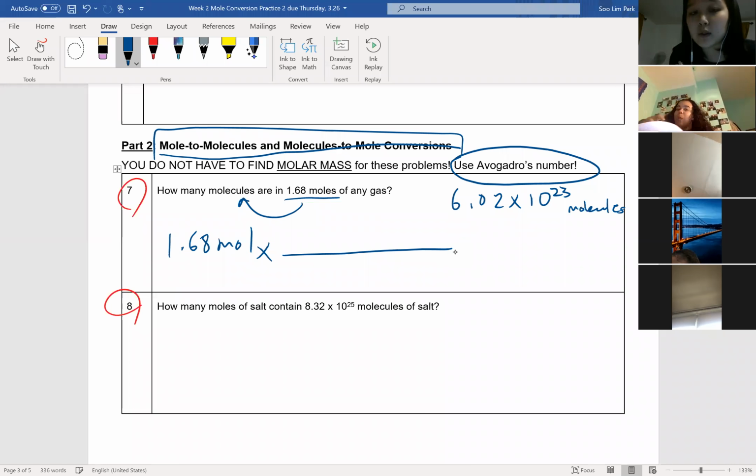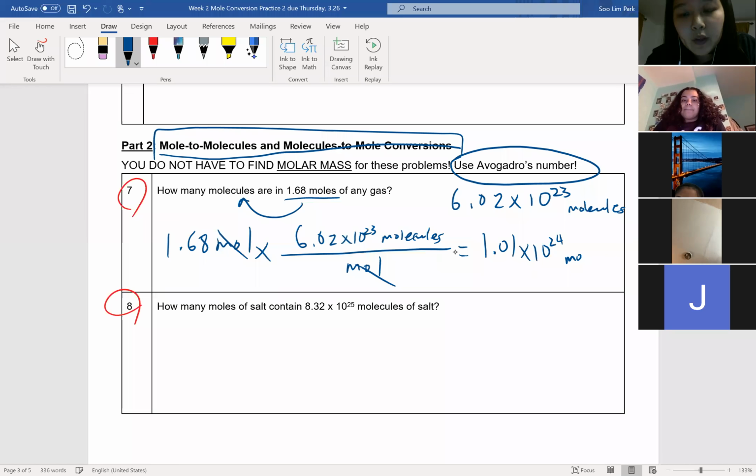So when we do this math out, I get 1.68 times 6.02 times 10 to the 23, and I get 1.01 times 10 to the 24 molecules.